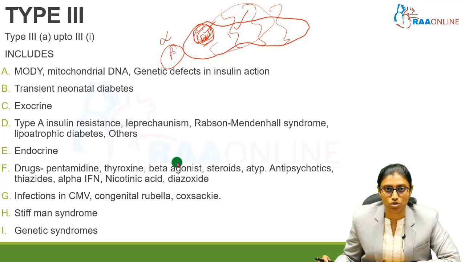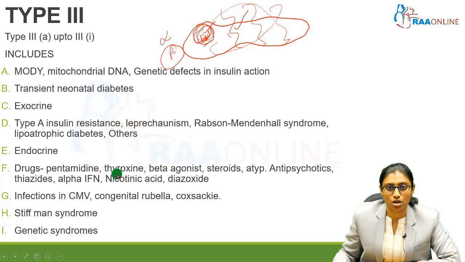In a normal person also, they cause some mild dysregulation in how your insulin acts in the body, but being a normal person, we are able to compensate for it. In diabetic people, this effect might be exaggerated, and sometimes these effects get exaggerated so much that they manifest as diabetes mellitus. So important drugs to remember are thyroxine, beta agonists, steroids, atypical antipsychotics.